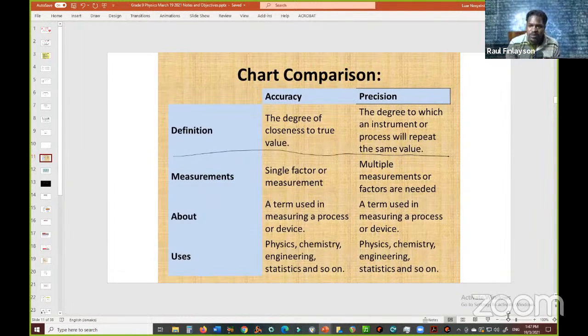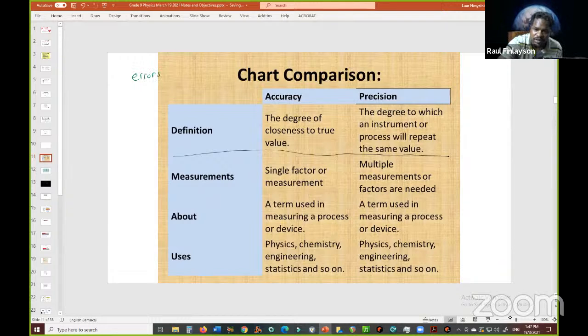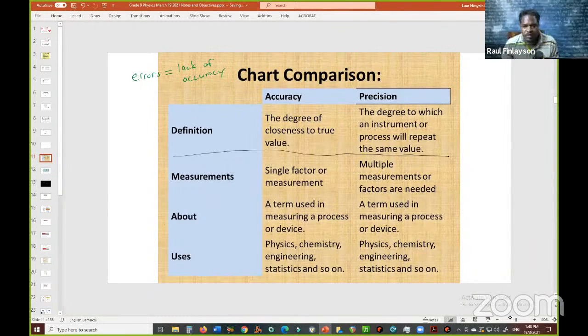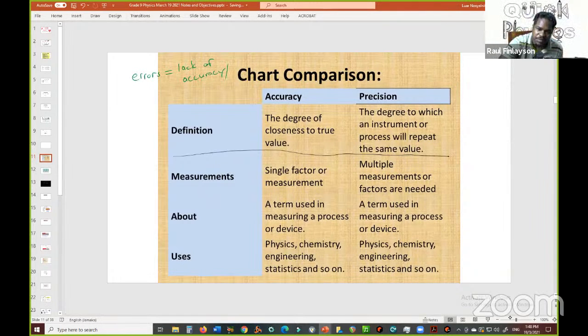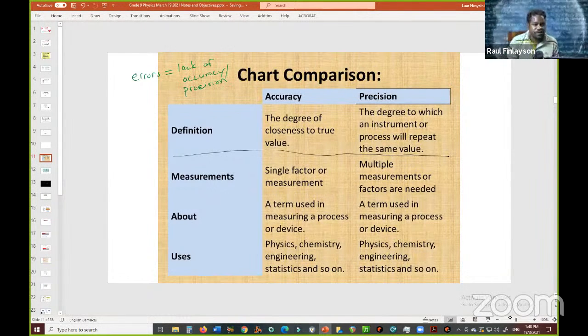Now, the thing about this is that errors in physics are not mistakes. Errors mean, basically, lack of accuracy, and of course, lack of precision, and that will give you an error.